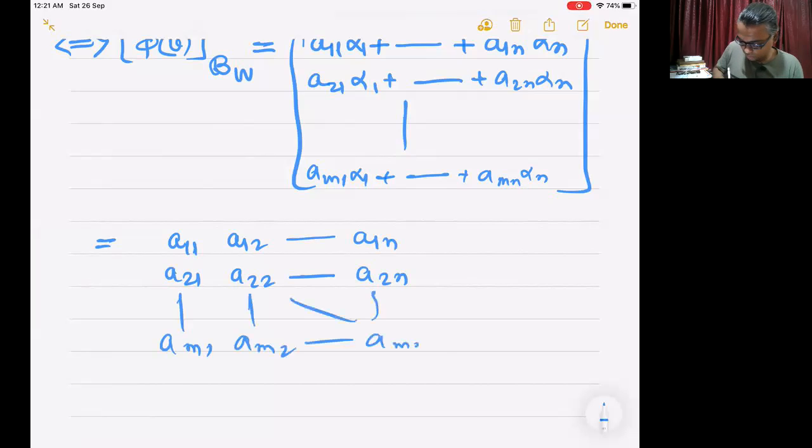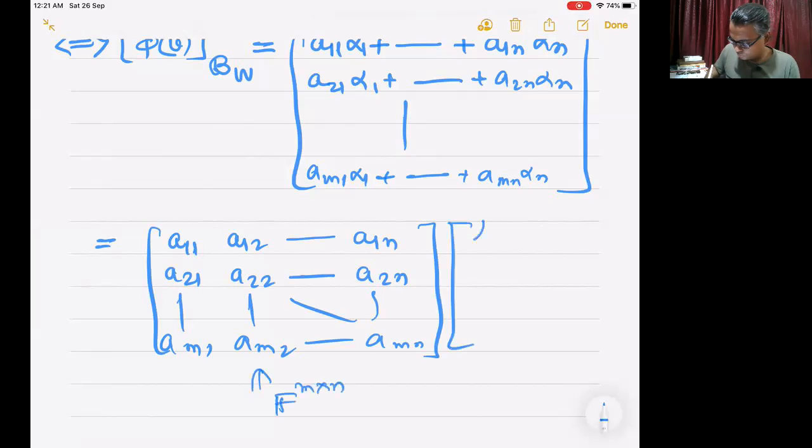This is the M cross N matrix. This multiplies alpha 1 dot dot dot up to alpha n.